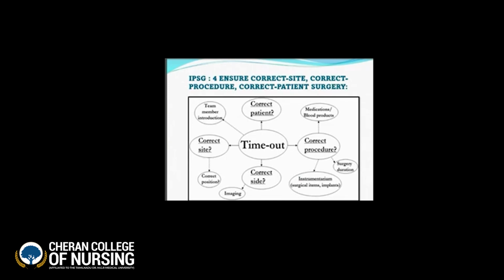When a patient is planned for a surgery, we want to concentrate on the correct patient, correct site, and correct procedure. We also call this policy the time out policy. These points must be kept in mind before we start the surgical procedure.